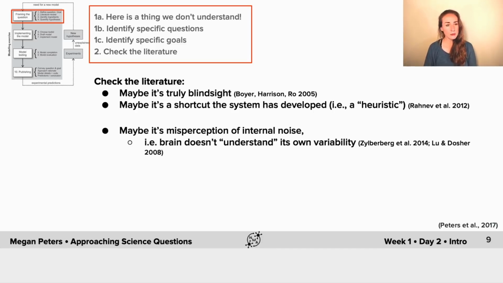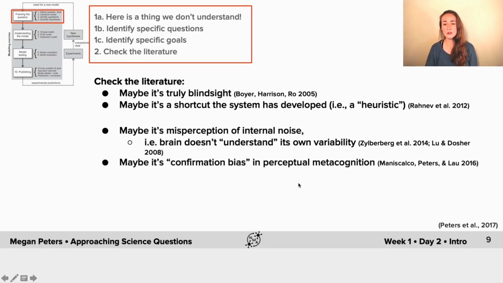So brains are variable. They're stochastic. We know that the firing rate isn't regular. It's not exactly the same thing all the time. And so maybe the brain doesn't have a great way of estimating its own variability. And so relying on a shortcut, or a misperception of this internal noise, might explain the behavior.